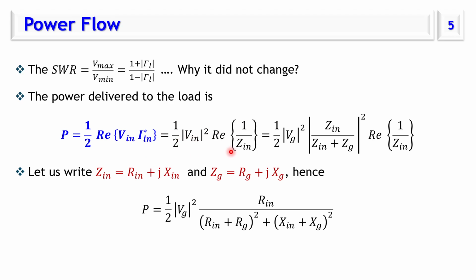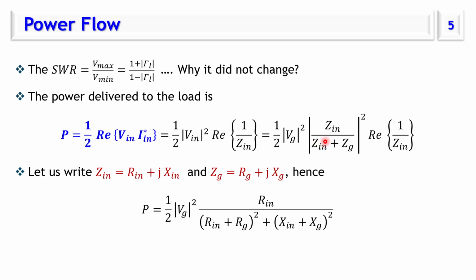Taking Z input into consideration, it's a half V input squared, the real part of 1 over Zn, because In is V conjugate divided by Z, and the real part of 1 over Z or 1 over Z conjugate is the same. So this is the expression for the power delivered to the load.